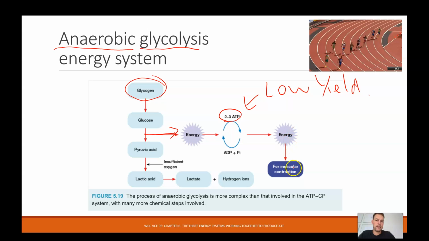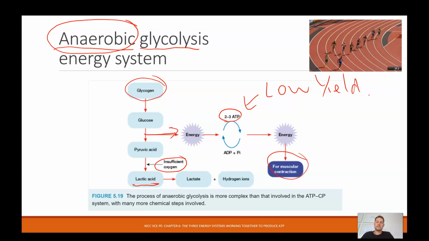That ATP we do create can be used for muscular contraction. But the problem is, because we're using it anaerobically without oxygen, when we get pyruvic acid, the next phase, we can't break it down fully. So we're only going to have a partially broken down molecule of glycogen. So with insufficient oxygen, our glycogen is going to turn into lactic acid. Lactic acid is often referred to as the bad guy.